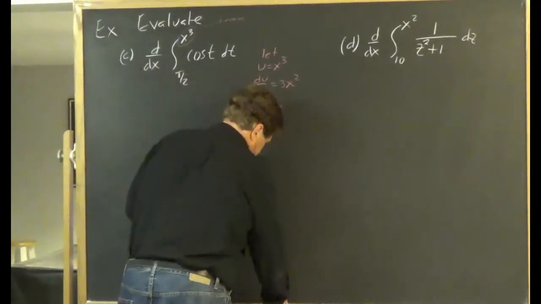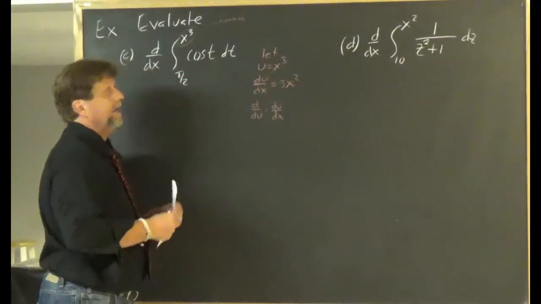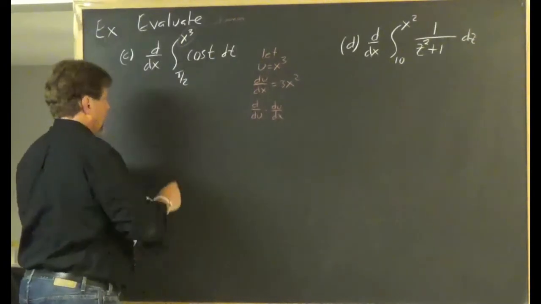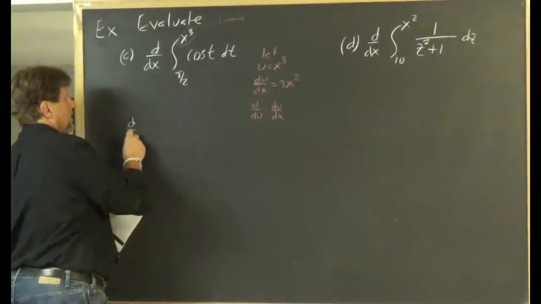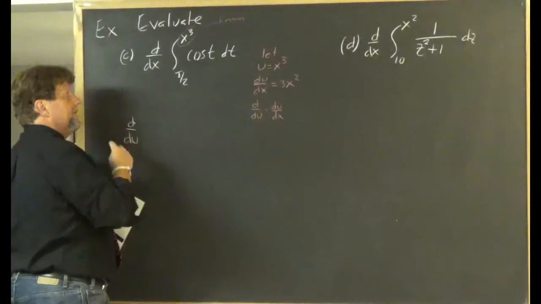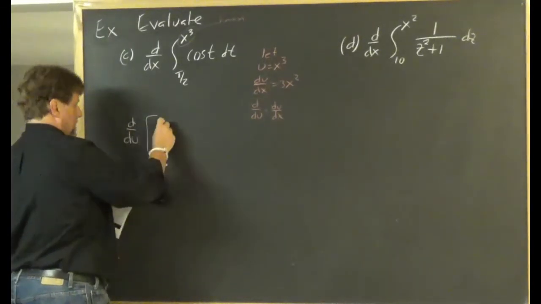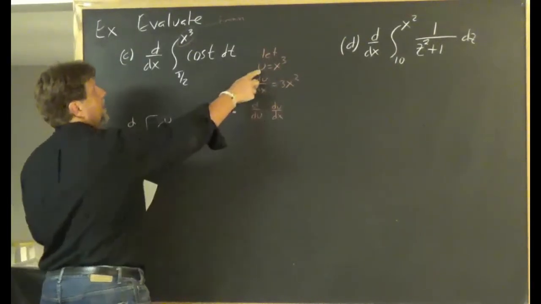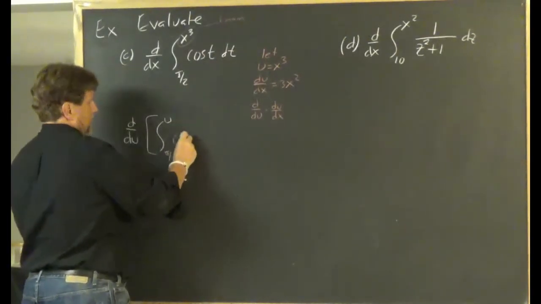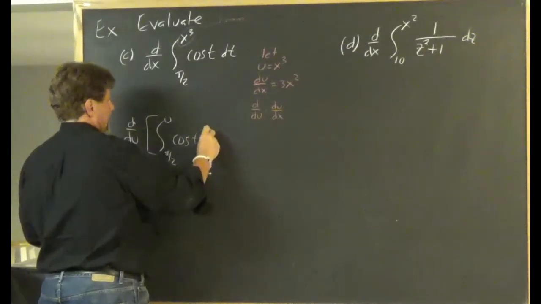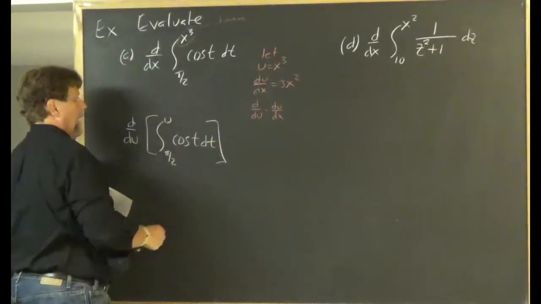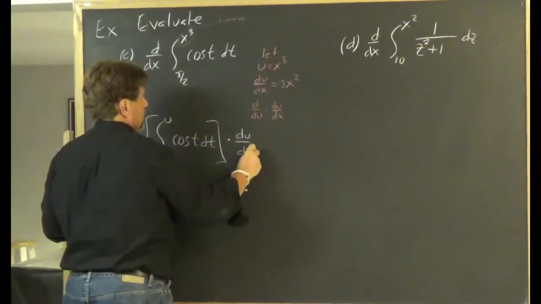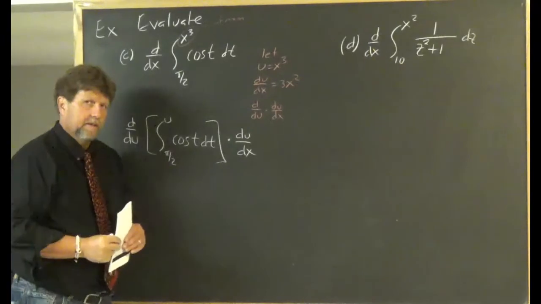In other words, I can rewrite all of this as d du of the integral from pi over 2 to u, where u equals x cubed, of cosine t dt, and then I can take this and multiply it by du dx.